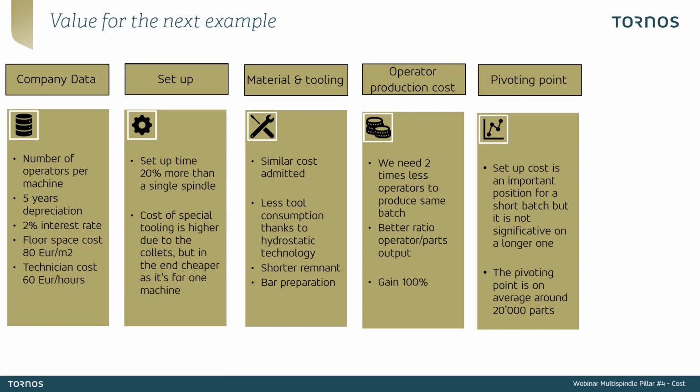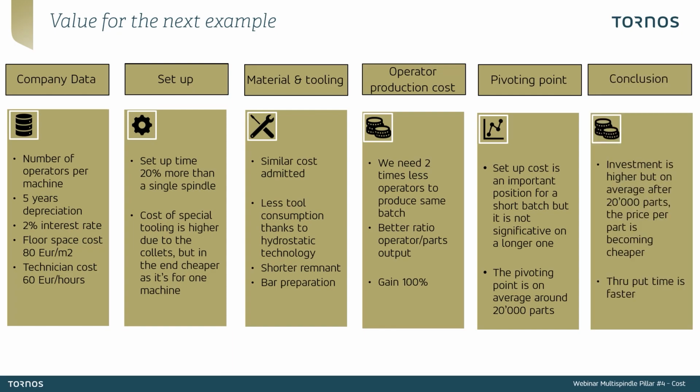But keep in mind, you also need to consider that if we are in a family of parts, for instance, if you have 5 times 5,000 parts, they can be considered as a unique batch, because you don't need to do a complete turnkey, just change some program, so no impact in cost and in setup time.